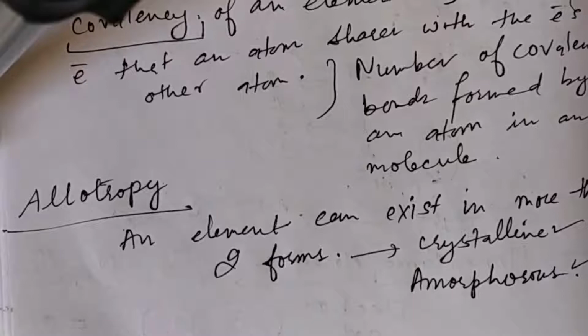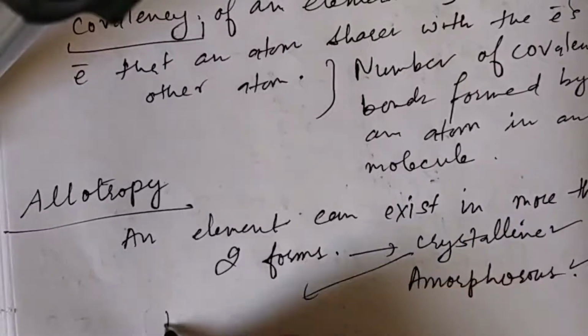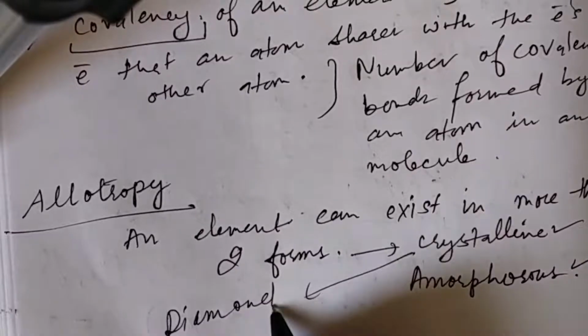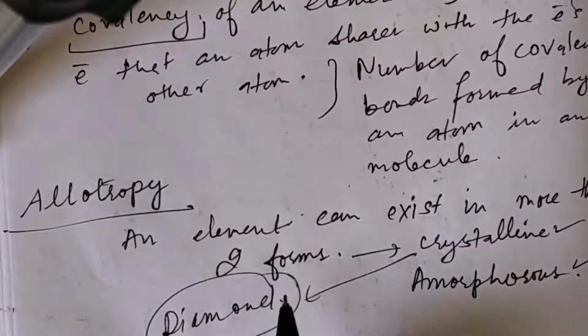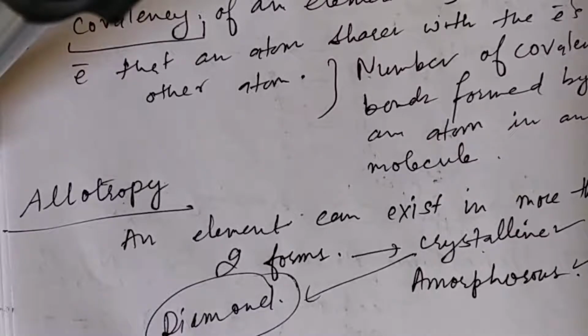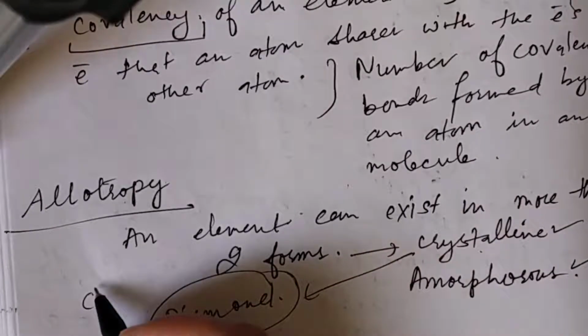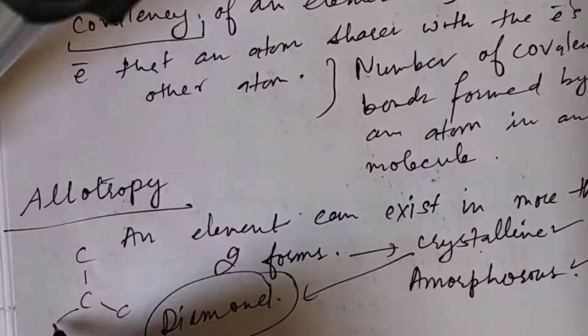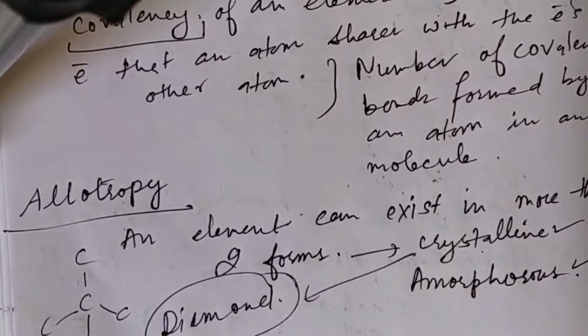Diamond is the allotrope of carbon which exists in a crystalline form, and it has a very unique structure. Here carbon is bonded to 4 other carbon atoms by 4 covalent bonds. It is a 3 dimensional network, and the carbon-carbon bond length is about 154 picometers.